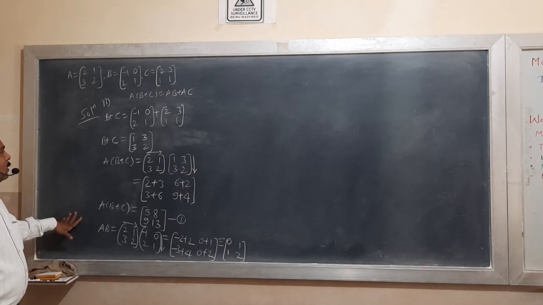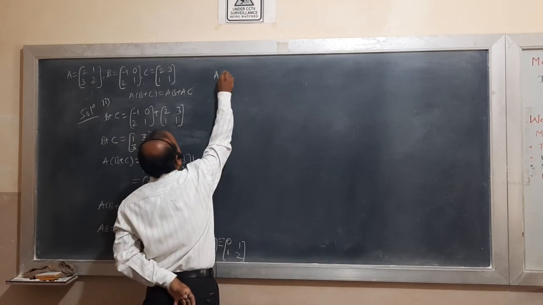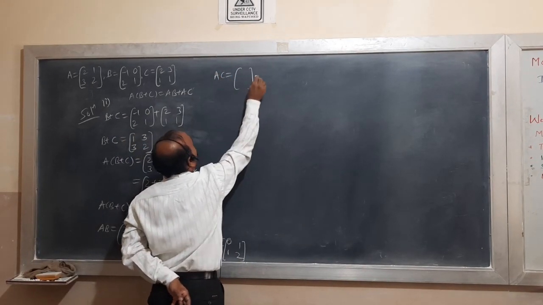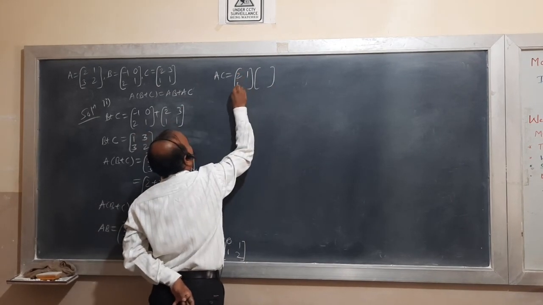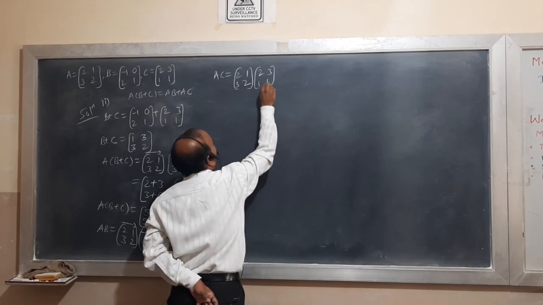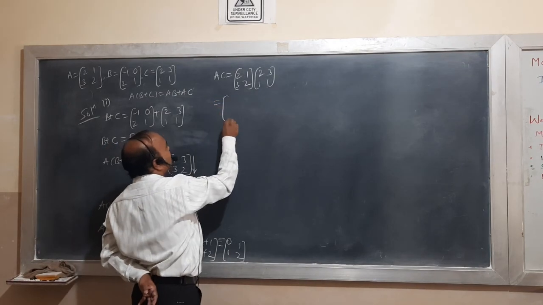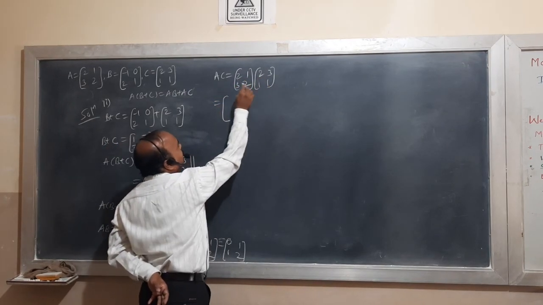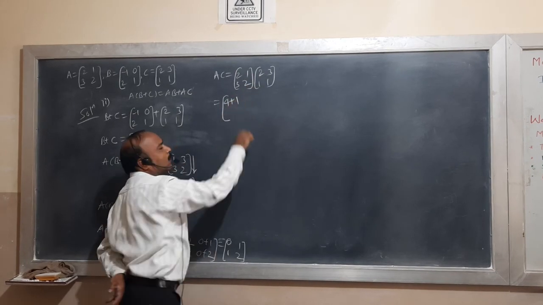Next we need the matrix AC. So AC is given by A into C. A value is 2 1 3 2, C is 2 3 1 1. Again multiplication. First row with first column, 2 into 2 is 4, plus 1 into 1 is 1.